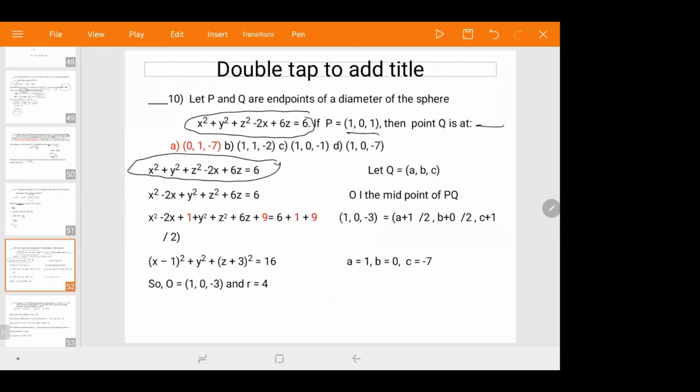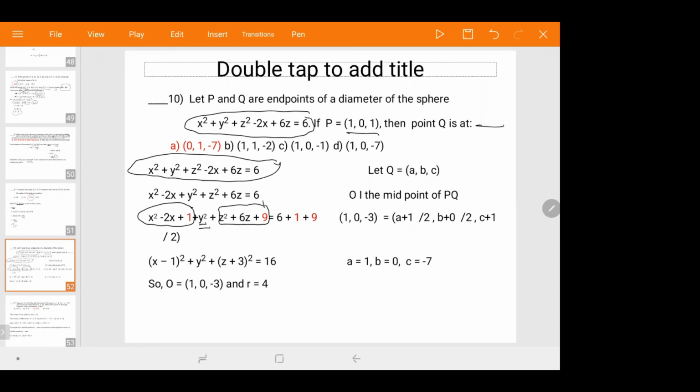Now let's collect x's together, y's together, and z's together. So x squared minus 2x plus y squared plus z squared plus 6z equals 6. Now to make this a perfect square, I have to add 1. There is also y squared, then z squared plus 6z. In order to make this a perfect square, I have to add the square of half of the coefficient of z.